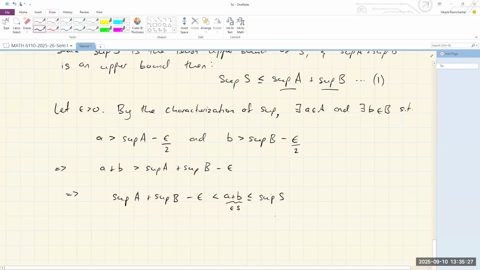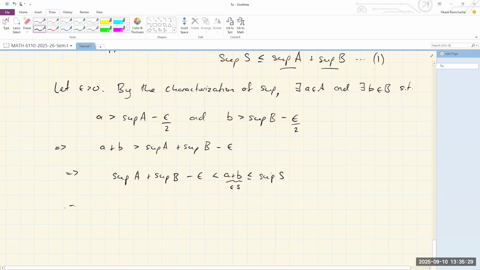So this means that the supremum of A plus the supremum of B is less than the supremum of S plus epsilon. And since epsilon is arbitrary, this holds for all epsilon.